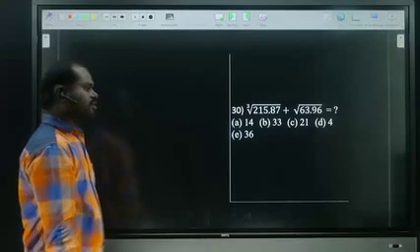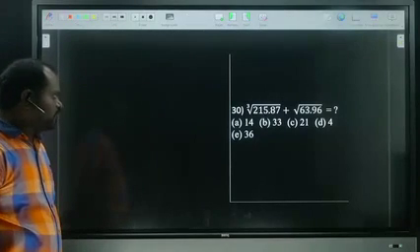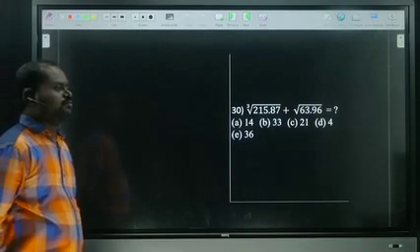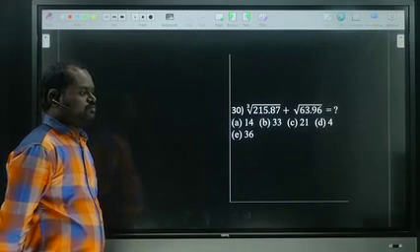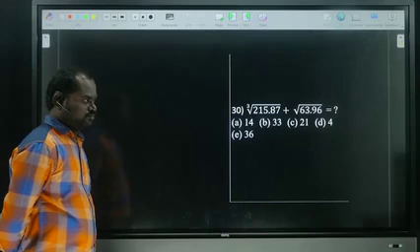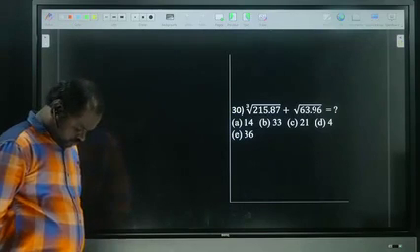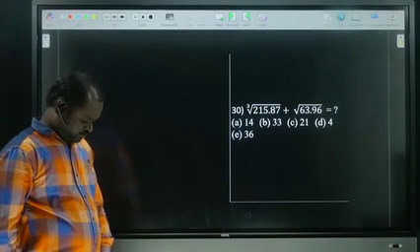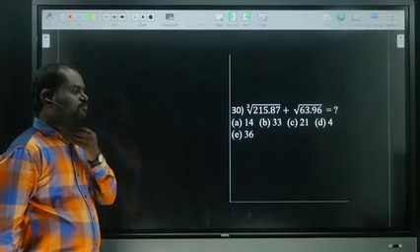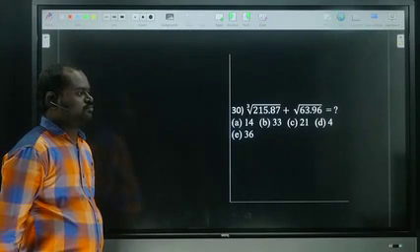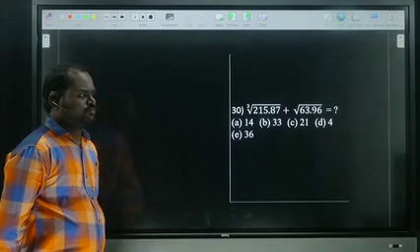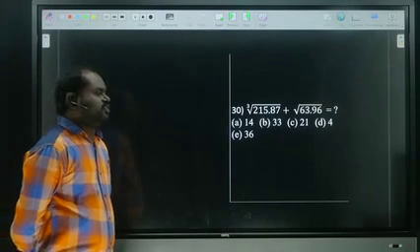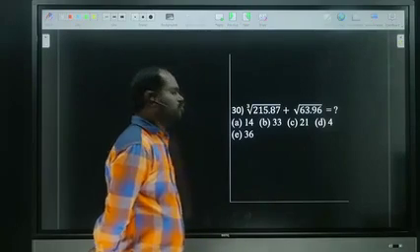Now tell me the answer for this one. Cube root of 215.87 plus square root of 63.9, approximate. So 215.87 we can round off to 216.